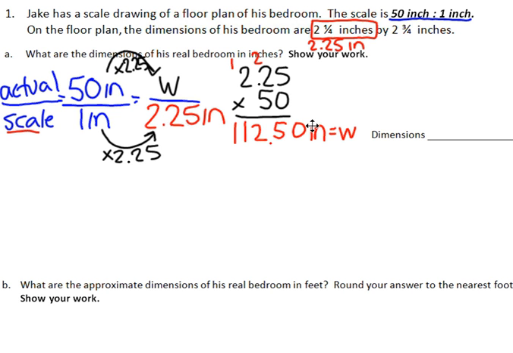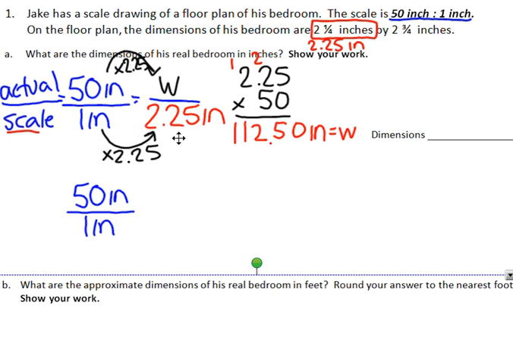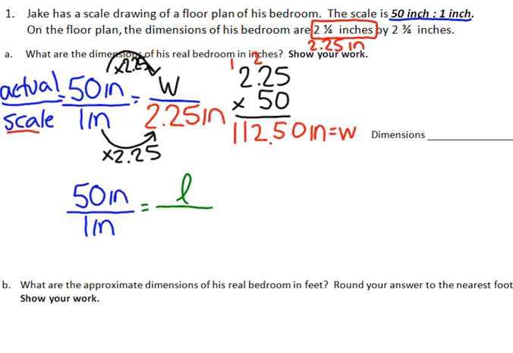Then to find the length, I can do the exact same thing. I'm still going to start with my same scale factor and set up a second proportion. This time we're going to do length, and we're going to convert 2 3/4 inches into 2.75 inches. So that'll still be lined up in the denominator.